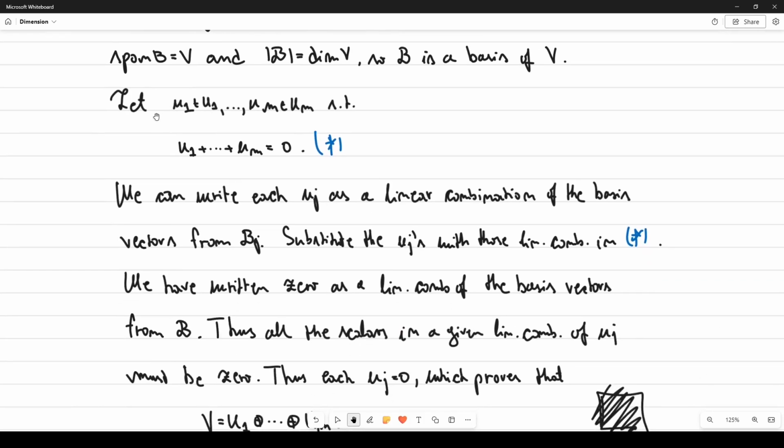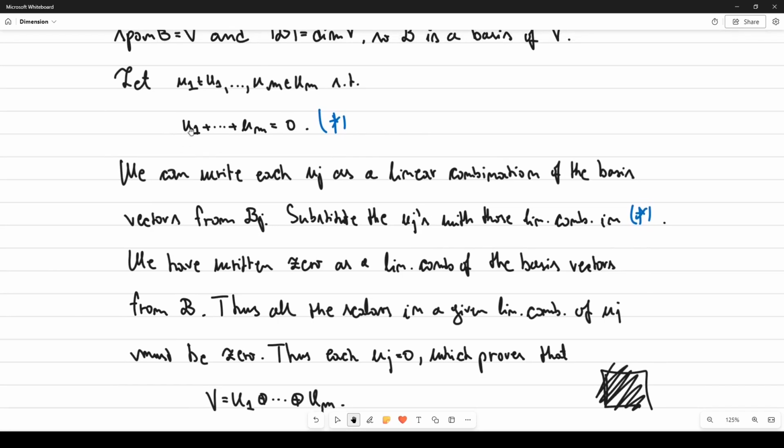So let little u1 be from big U1 all the way to little um from our subspace Um, and let's sum them up and set them equal to 0. And now we would like to show that all of these are equal to the 0 vector.